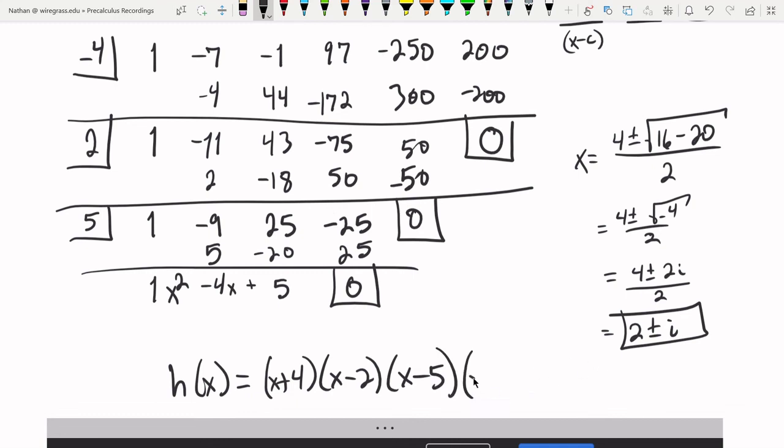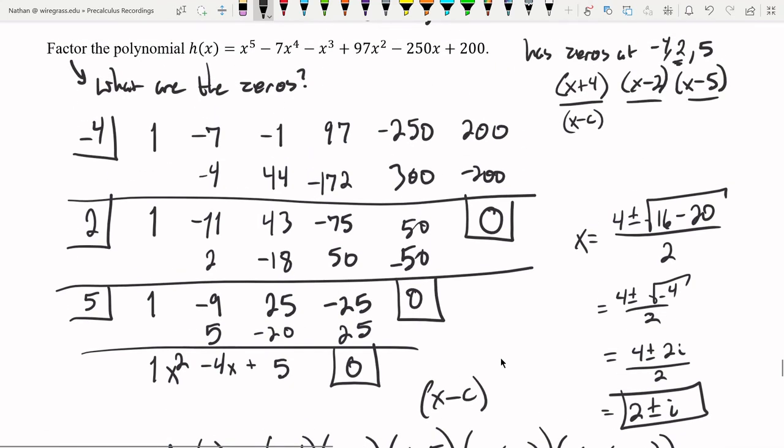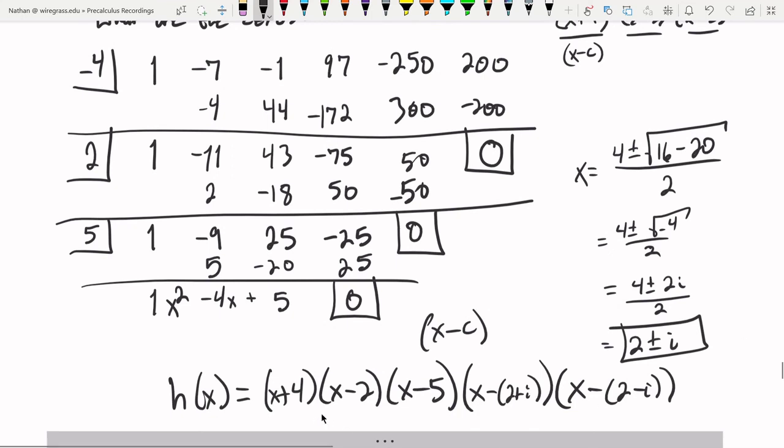And then we have x minus (2 plus i) and x minus (2 minus i). All of these are in the form x minus c, and there are 5 of them. That's what the linear factorization theorem has told us. It's a 5th degree polynomial, so we expect 5 linear factors in the form x minus c.